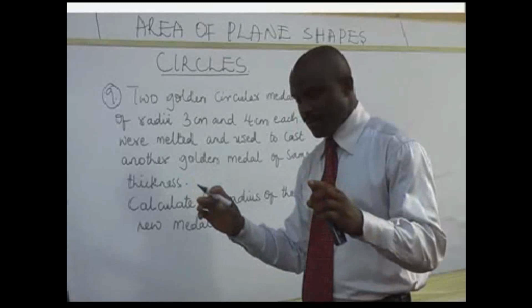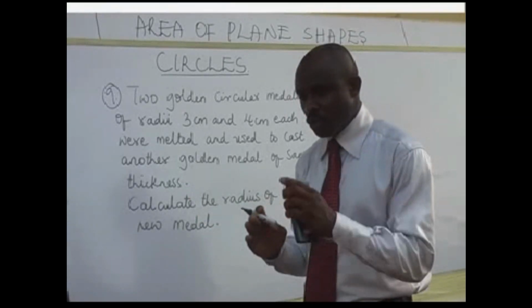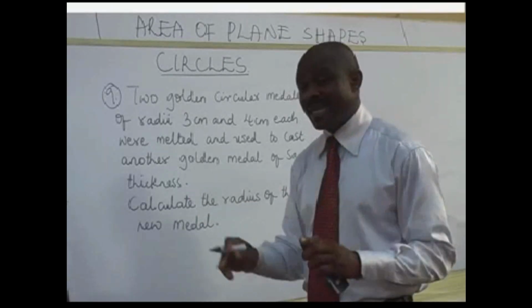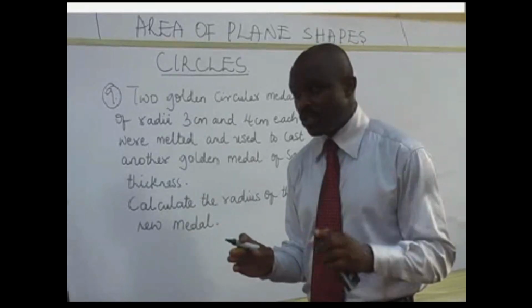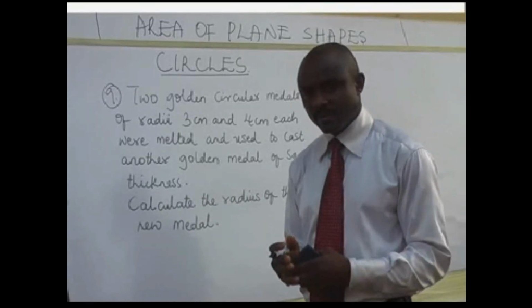2 medals melted and used to cast another one medal. The area of the two medals is equal to the area of the new medal. Did you get that sense?